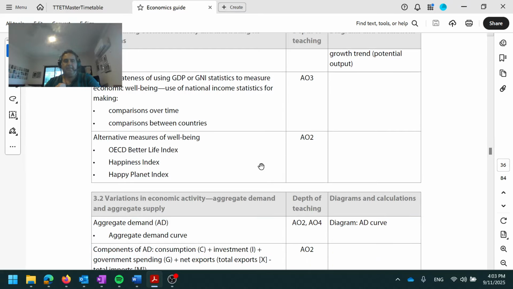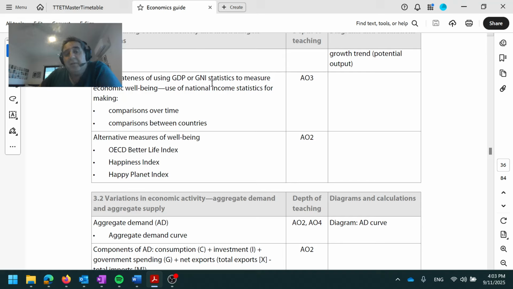Okay, now this is important. The appropriateness of using GDP or GNI, that was on the May paper. There's a possibility that you may get that as either a paper 1 part A, or as it says there, AO3, so that suggests it could be the part B question on paper 1.